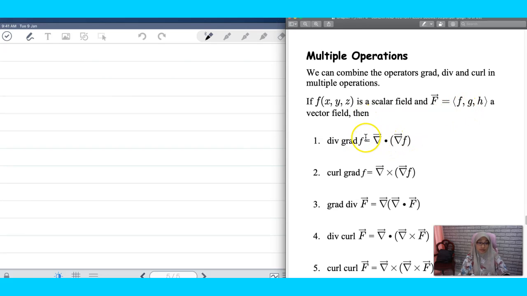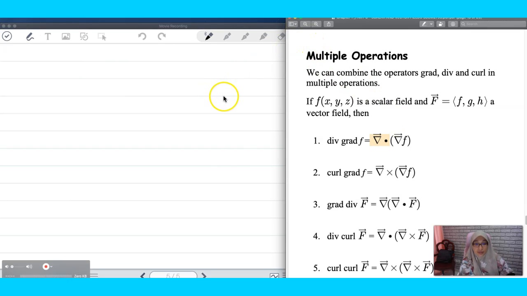So if you have this, the first one is div grad f, which means the divergence of the gradient of f. So in mathematical symbols, you have the gradient of f, which means grad f, right? And the outcome here is a vector, isn't it? So when you have a vector, and this one is also a vector operator, and you have dot, the answer should be a scalar.